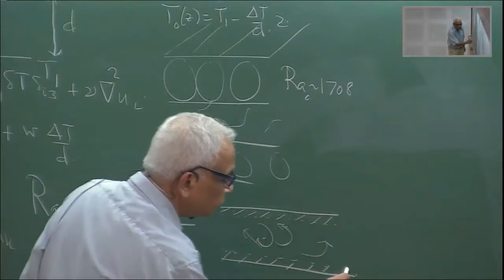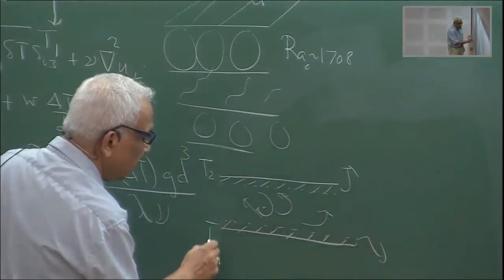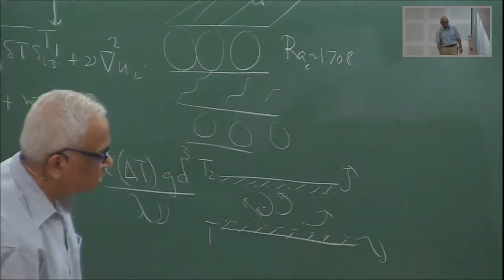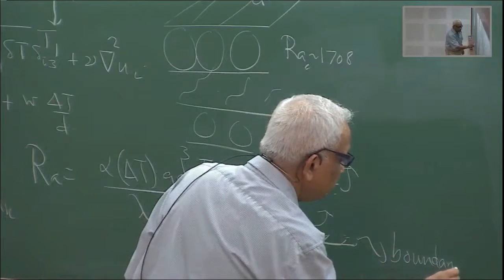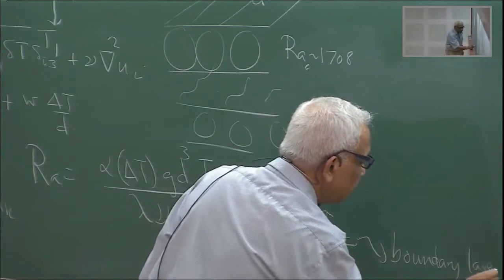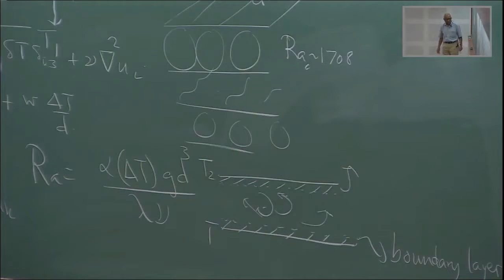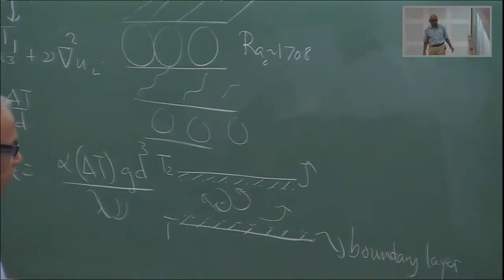Most of the drop in temperature takes place in a small region, called a boundary layer, where it is at least a laminar situation.